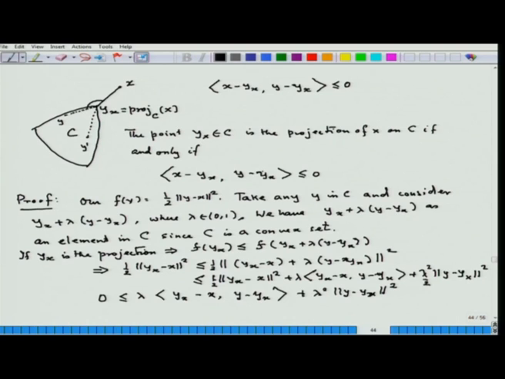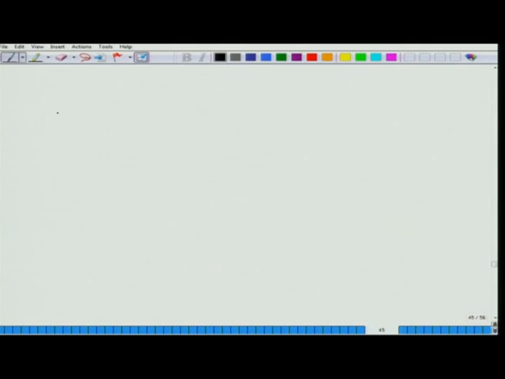Now, because lambda is between 0 and 1, I can divide both sides by lambda and I will obtain this expression. We will obtain 0 is greater than or equal to the inner product of y x minus x and y minus y x plus lambda times norm y minus y x whole square.